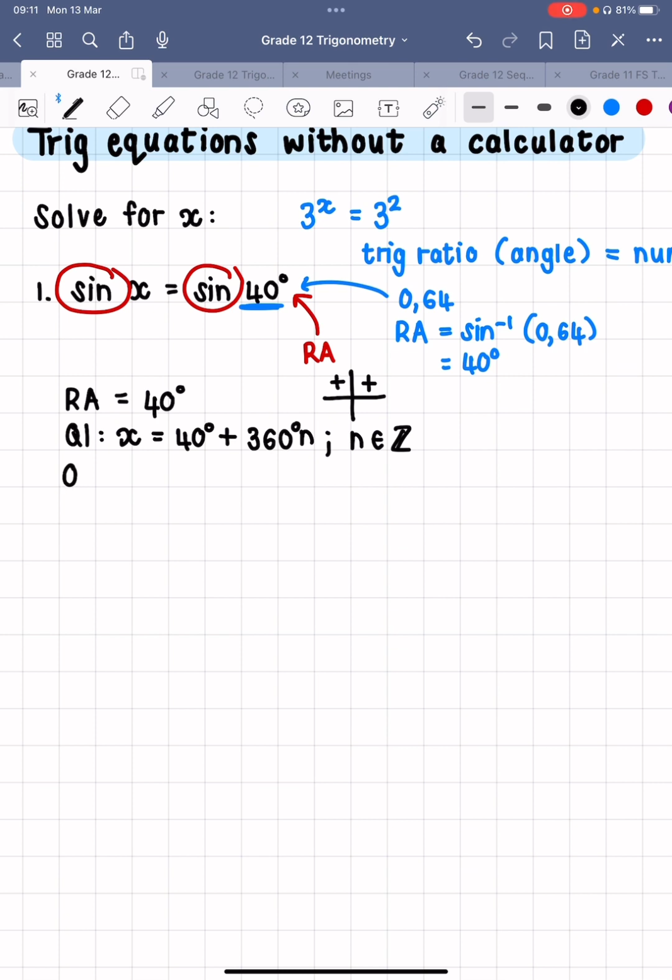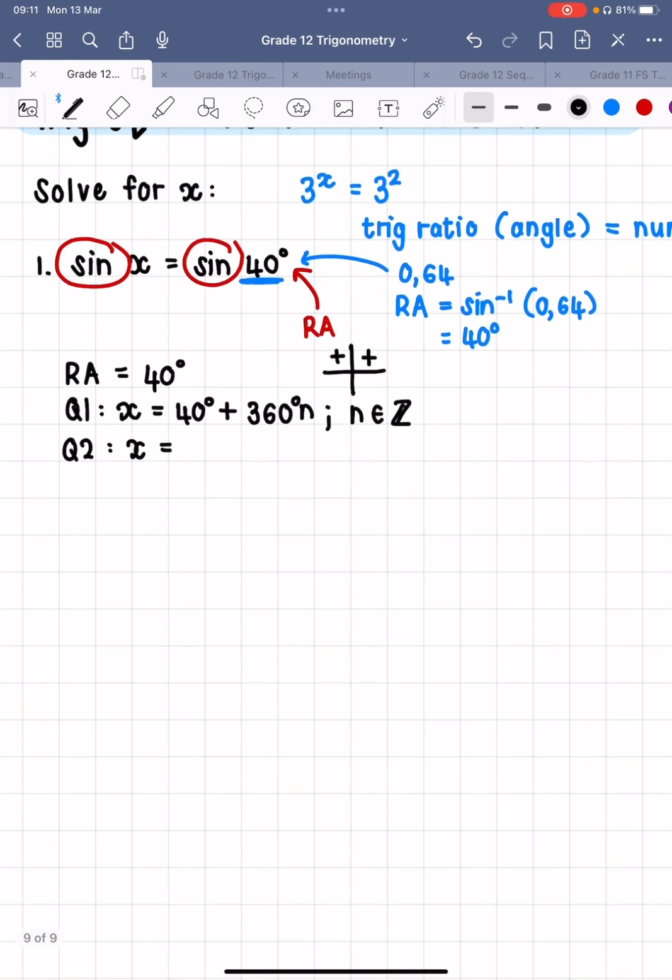Okay, quadrant 2. Again, x, because that is the angle that they've given us there. What do I do in the second quadrant? 180 minus the reference angle, so 180 minus 40, plus 360n. You don't have to write n element of z again.